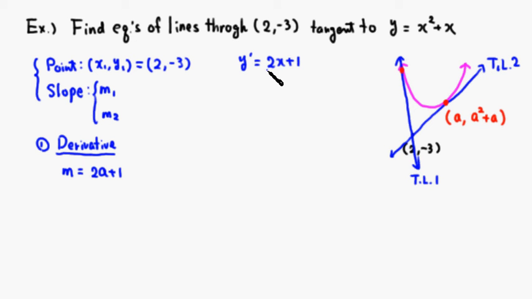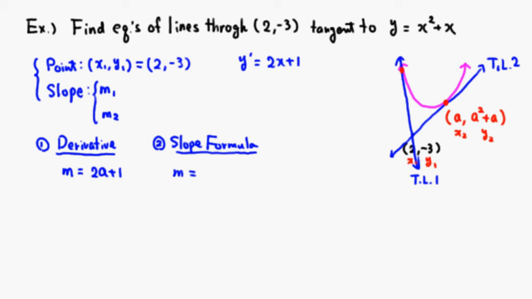Another way to look at it would be the slope formula. Here we can think of this point as (x1, y1) and this one as (x2, y2).